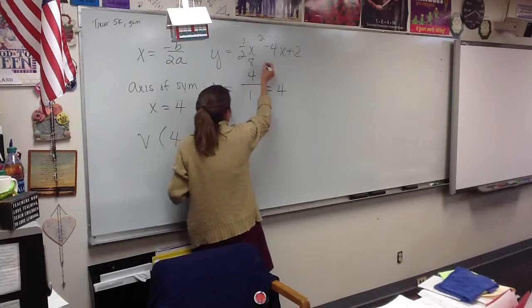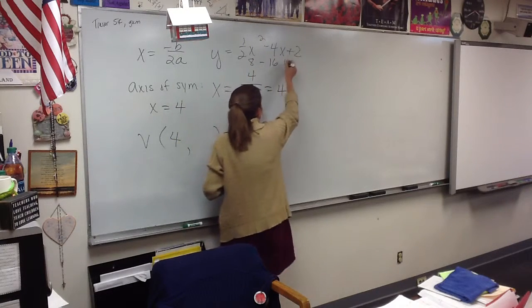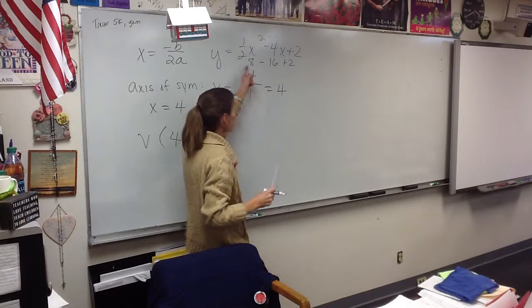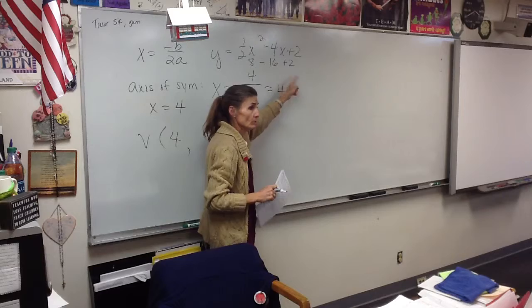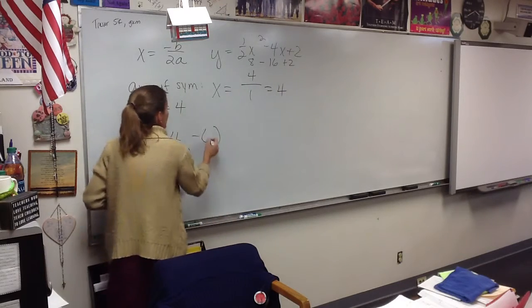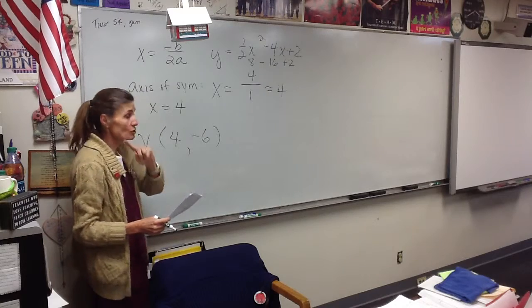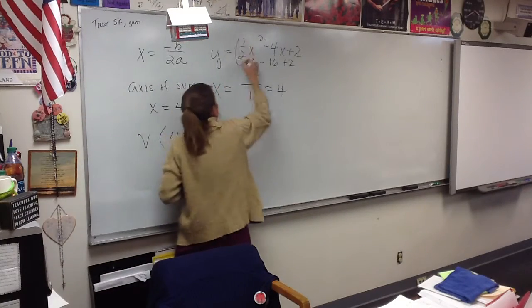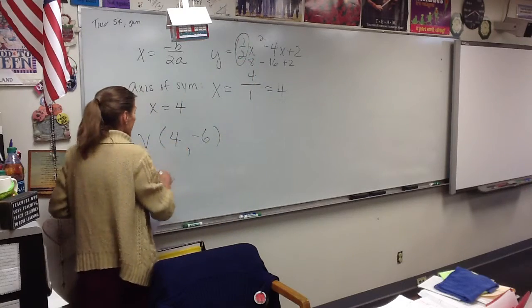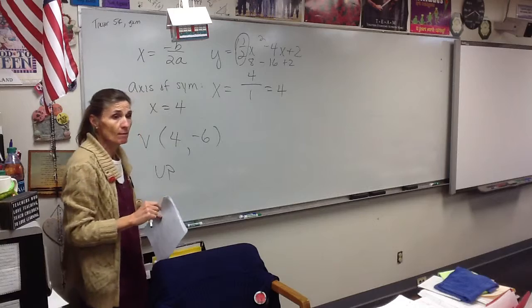That'd be 8. Minus 4 times 4, which is 16, plus 2. So I have 8 minus 16 plus 2. Negative 6. Negative 8 plus 2, negative 6. So that's your vertex. Which way does this thing open? Up. Because that number that I just circled is positive.